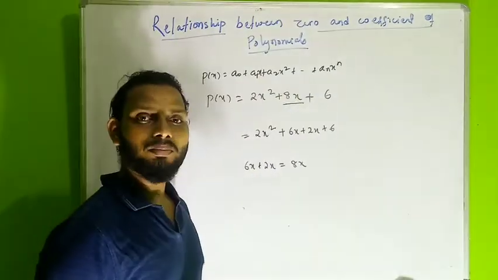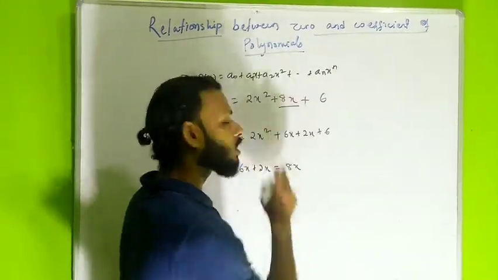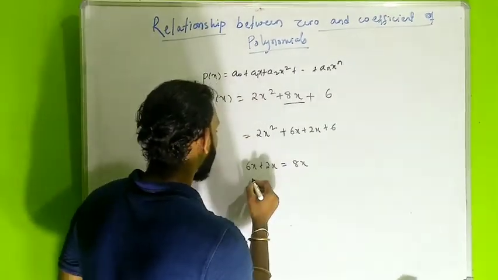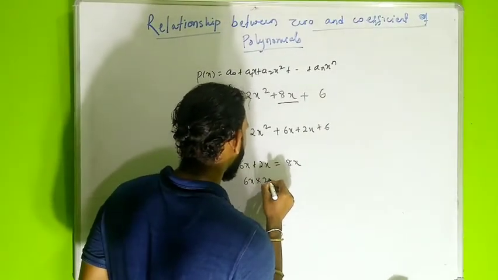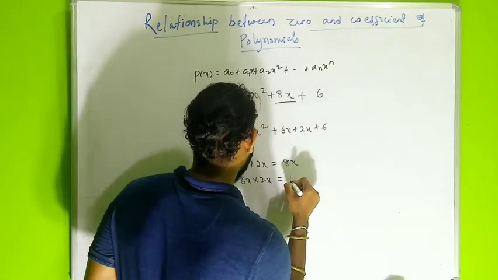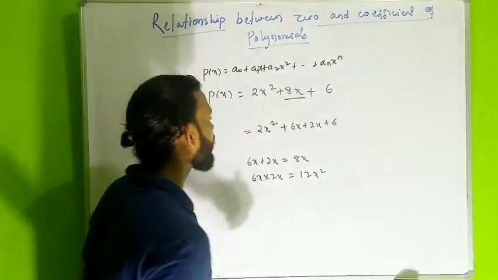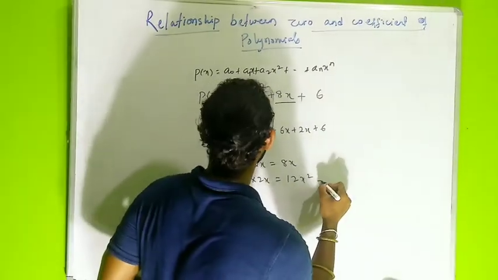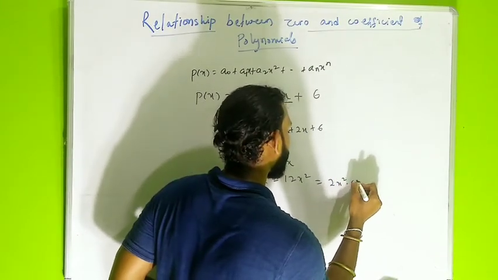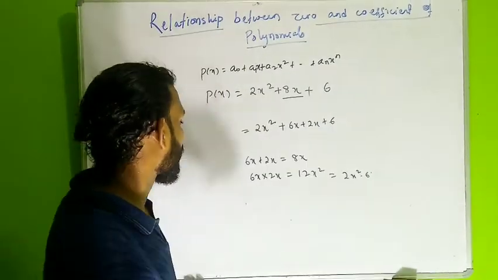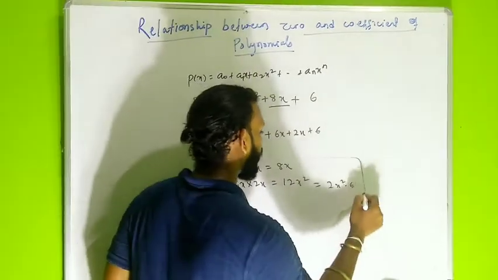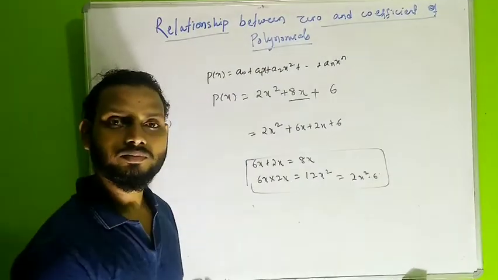So the sum of these two terms is 8x, and the product 6x into 2x is 12x square. This is equal to 2x square into 6. So this is actually the technique for the middle term factorization.